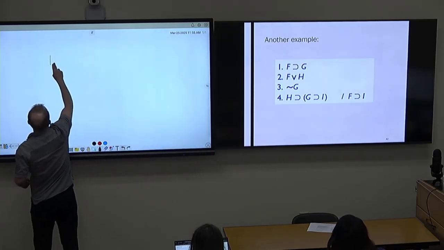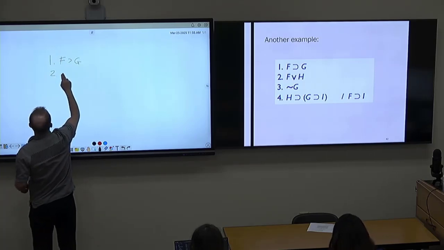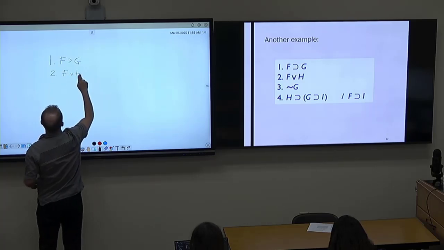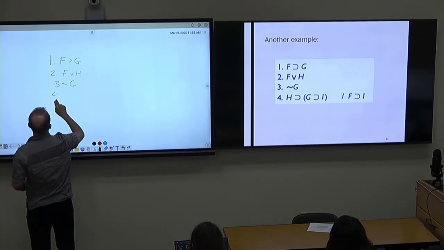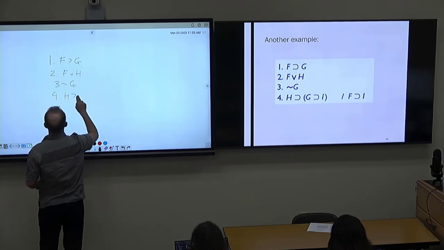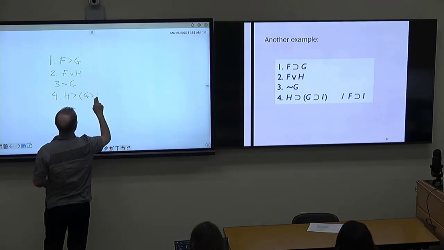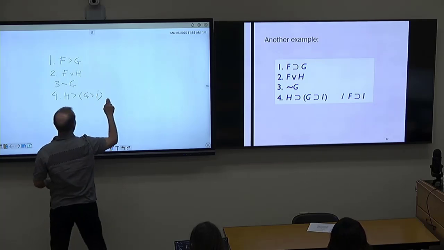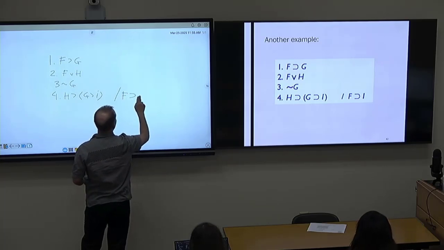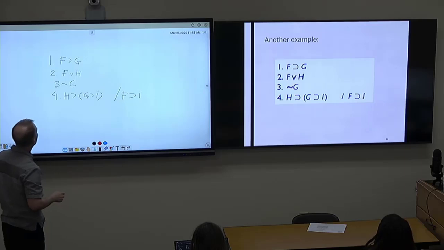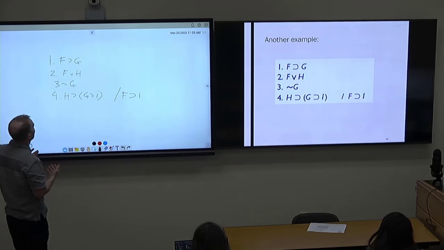We are given: first line is if F then G, second line F or H, third line not G, fourth line if H then if G then I, therefore I. And you need to get to if F then I. Now you really don't have if F then I here at all. So you need to be more creative.